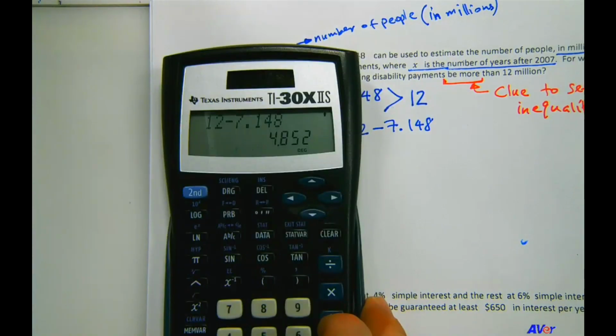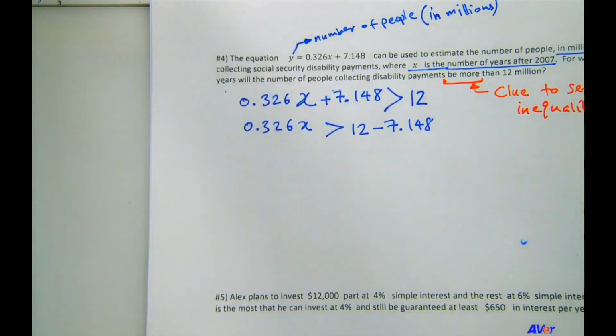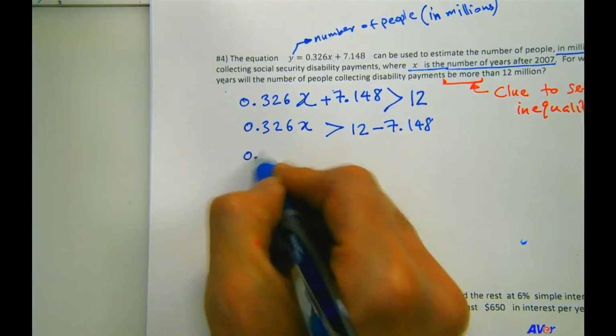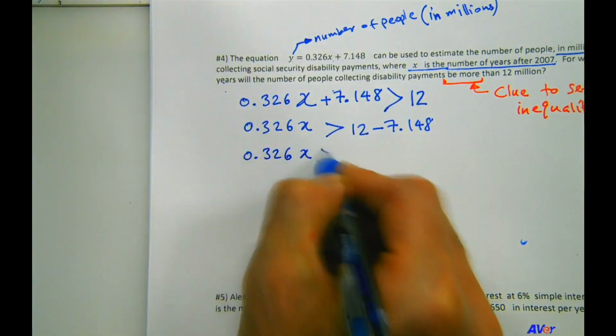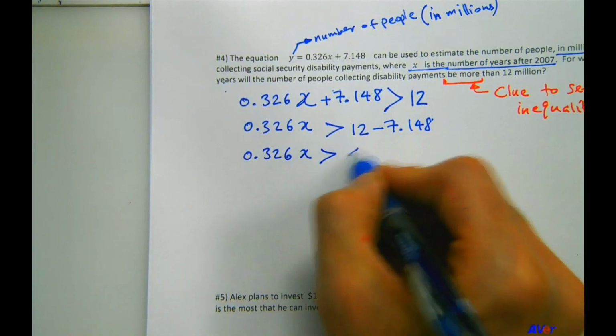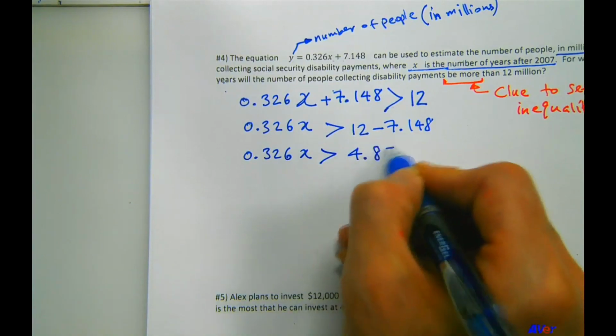Right? That's correct. So this would be 0.326x greater than 4.852.